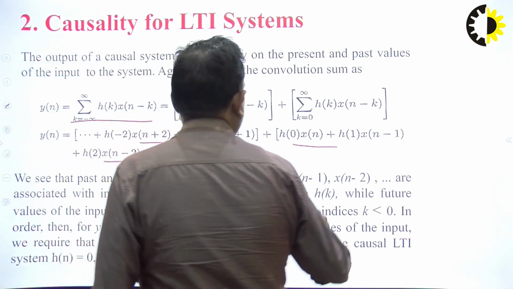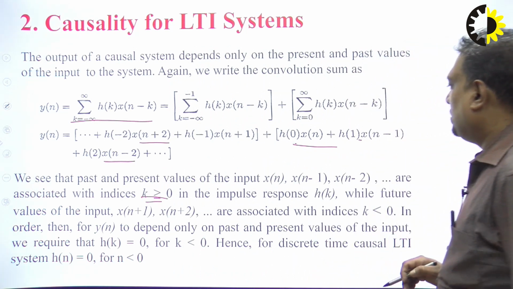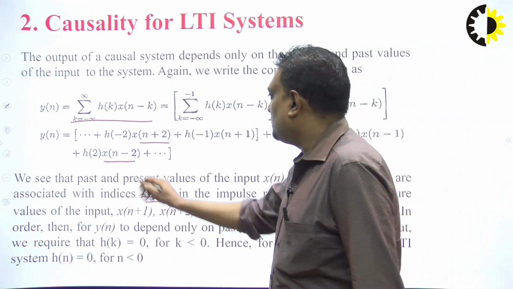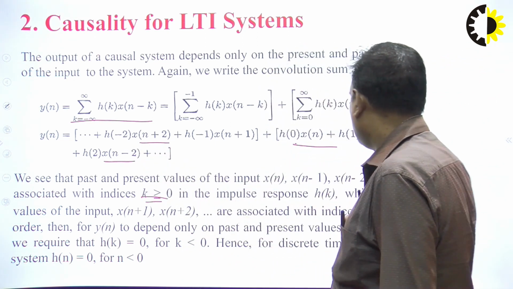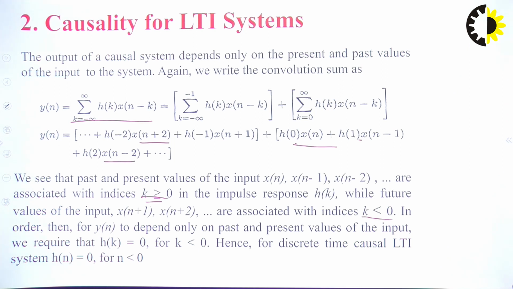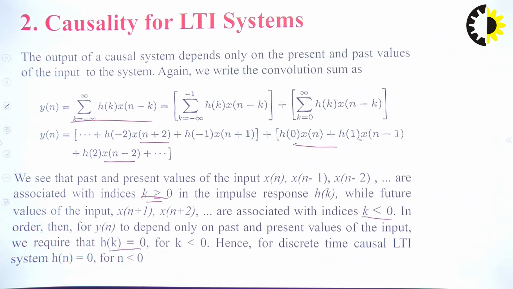So you can see that for indices k greater than or equal to 0, we have these past values in the impulse response h[k], while future values of the input, x[n+1], x[n+2], are associated with indices k less than 0. In order for y[n] to depend only on past and present values of the input, we require h[k] to be equal to 0 for k less than 0.